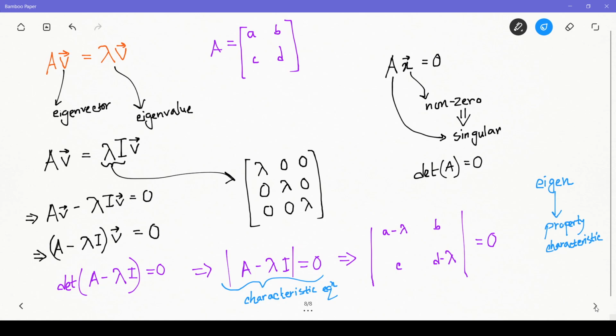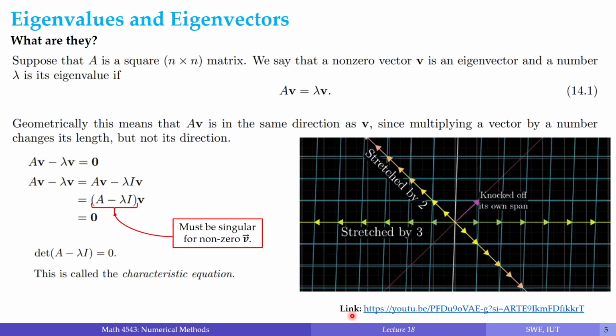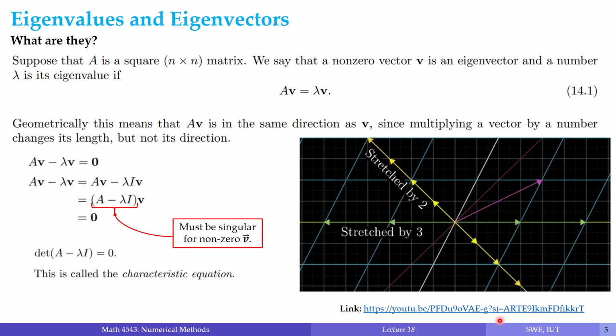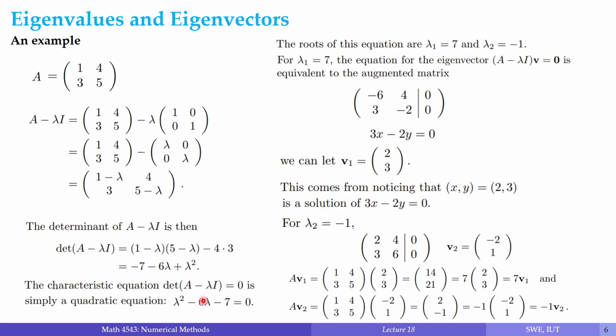So let's try to solve an example. Let's go back to our presentation and see what example we can solve. Before moving on, I encourage you to watch the video that has been so beautifully made by 3Blue1Brown. So this is the final example that we are going to work with in this semester.